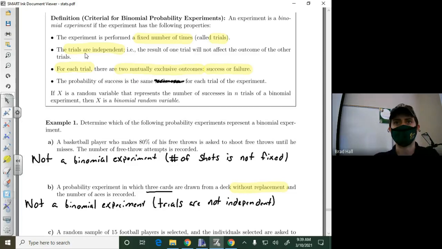So how we could fix this: the first card you pick up, you record it, put it right back into the deck, and you shuffle the deck. Your trial will basically restart for the next one. So instead of without replacement, you do want to replace it, and probably shuffle the deck as well, to really make sure that this would be a brand new trial. So that's how we could fix that premise.